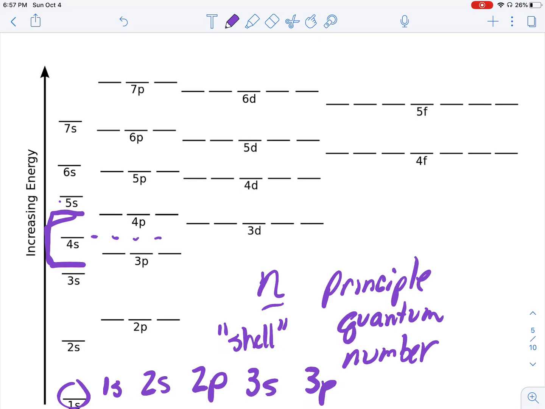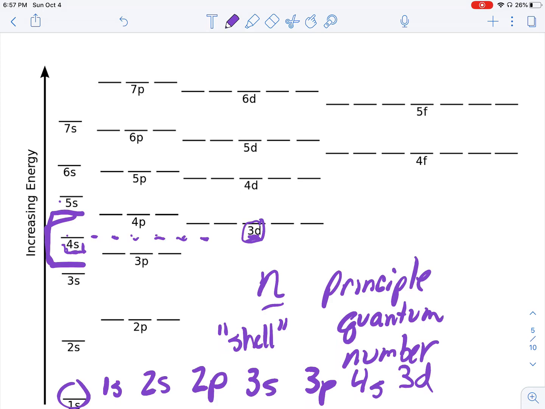The 4S sublevel, so principal quantum number 4 in its S sublevel, is at a lower energy than the 3D sublevel. So the third quantum level is not full, but because this 4S shape is easier to make, the electrons will actually begin building that fourth S sublevel before they have enough energy to start constructing the 3D sublevel.